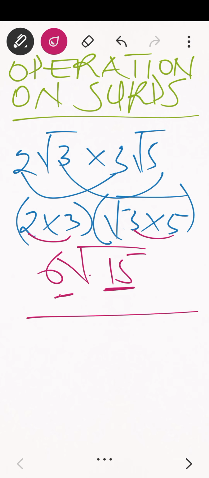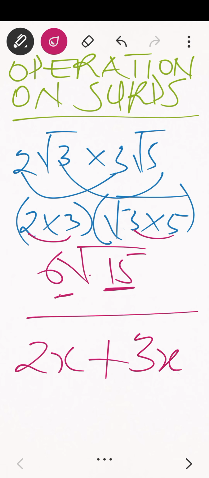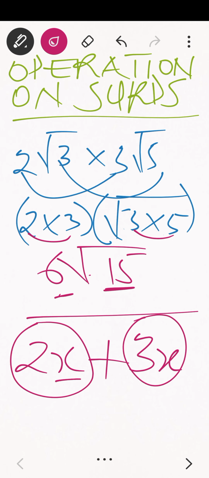Now in algebra, assuming you are asked to add some terms or monomials, for example, if you are given 2x plus 3x, and you are asked to simplify this, note that since both monomials have the same variable, we term them as like terms. So these are like monomials.